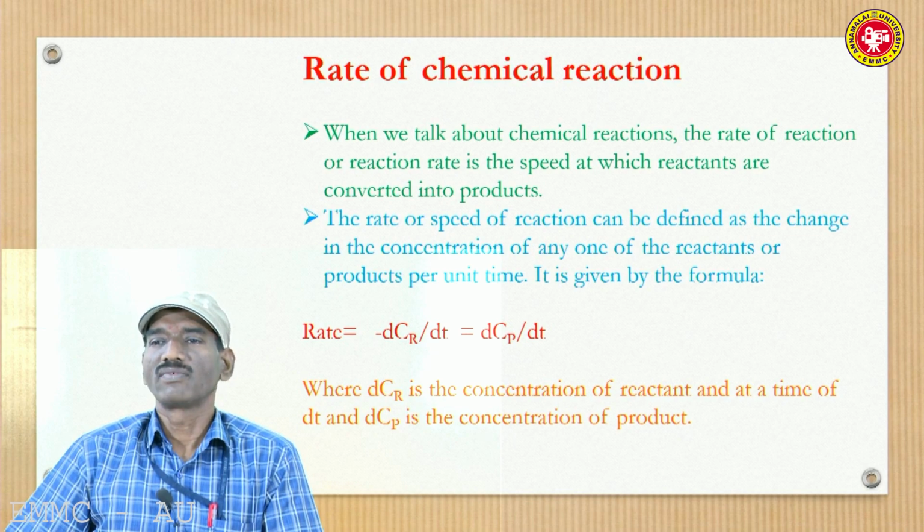It is given by the formula rate = -dCr/dt = dCp/dt, where dCr is the change in concentration of reactant and dCp is the change in concentration of product in time dt. So, C indicates concentration.